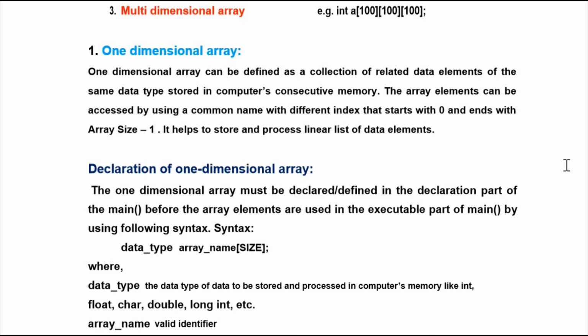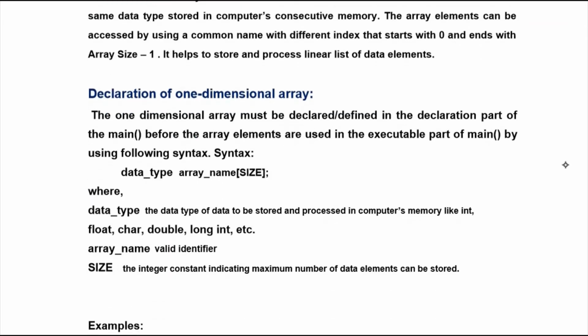The array elements can be accessed by using a common name with a different index that starts with 0 and ends with array size minus 1. It helps to store and process a linear list of data elements.